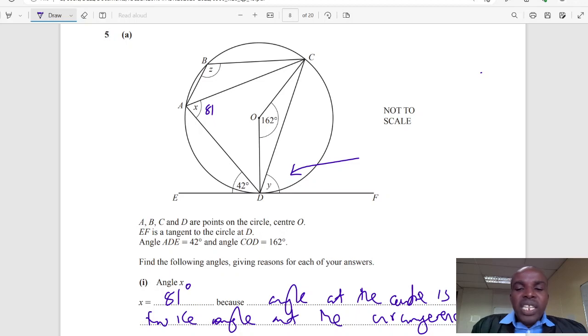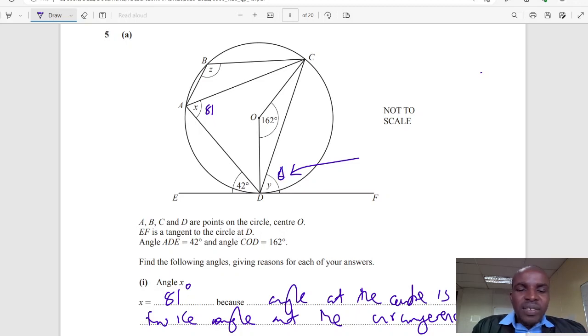The reasoning is: exterior angle of a triangle is equal to the opposite interior angle. So our Y is 81 degrees.